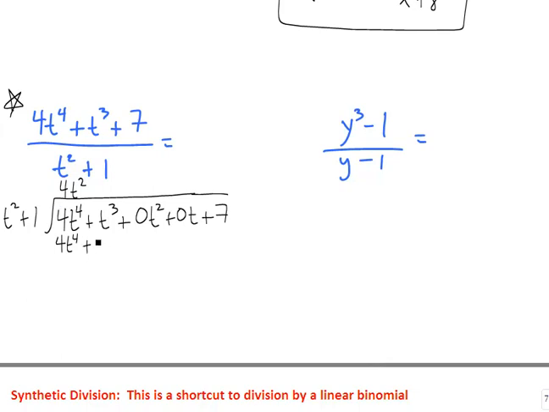Now notice, if I put that right here, that's going to be wrong because I'm not lining up like terms. I put that t squared term under t cubed, and I would be adding incorrectly if I did that. So I'm going to erase that, and instead, that 4t squared needs to get lined up with the other t squared term, so we have kind of a little gap here.